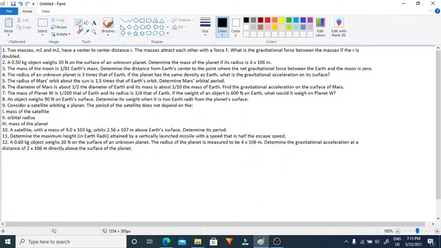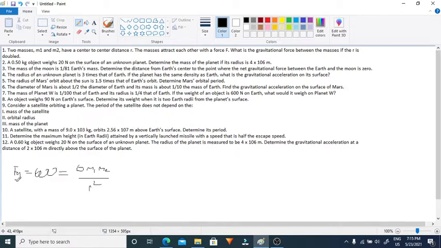All right. Question 7. The mass of planet W is 1/100th that of Earth, and its radius is 1/4 that of Earth. If the weight of an object is 600 newtons on Earth, what would it weigh on planet W? So the force due to gravity, this is a simple one, is going to equal 600 newtons on Earth, which equals G times the mass of the object times the mass of Earth over r squared.